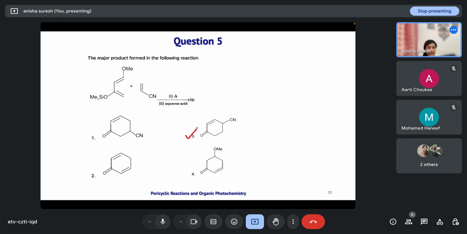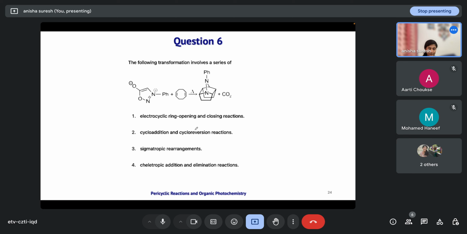Now coming to the next question. The following transformation involves a series of: option A, electrocyclic ring opening and closing reaction; cycloaddition and cycloreversion reaction; sigmatropic rearrangements; chelotropic addition and elimination reaction.